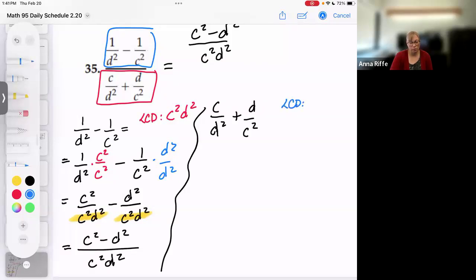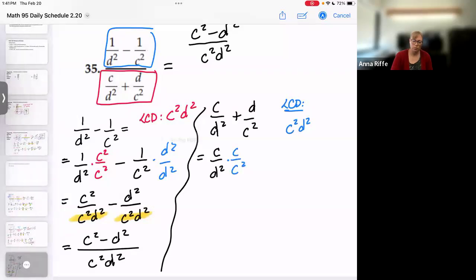And it has to include the factors of both denominators. Looks like it is again c squared d squared is my LCD. So c over d squared, that's missing the factor of c squared. So I'm going to multiply the bottom and the top by c squared.